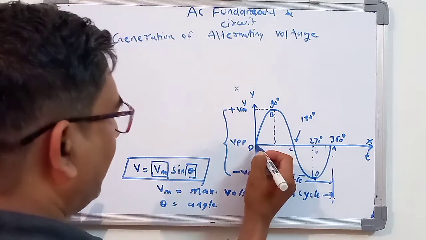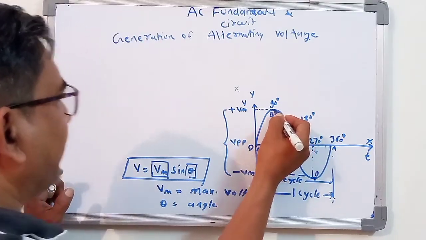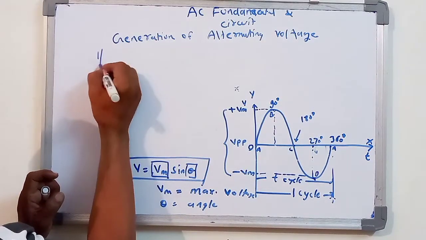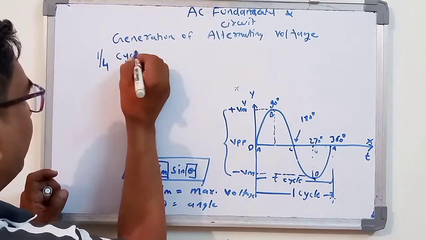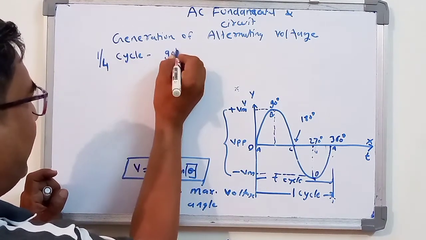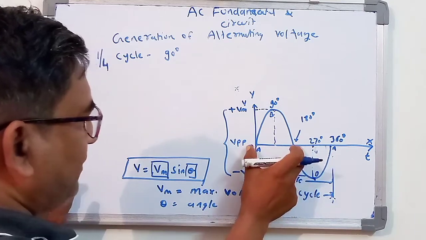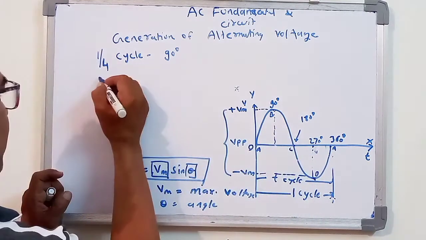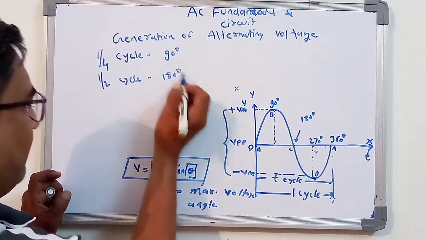Now from this 0 to this 90 degree, it is a quarter, a 1/4 cycle, you will get 90 degree. From 0 to C, it is a half cycle, you are getting 180 degree.